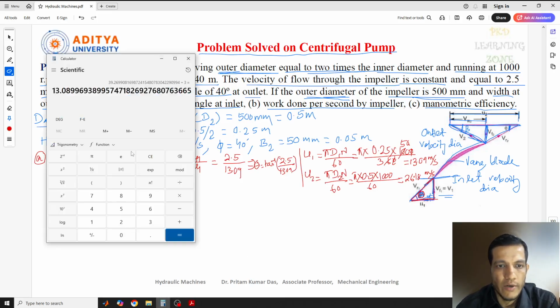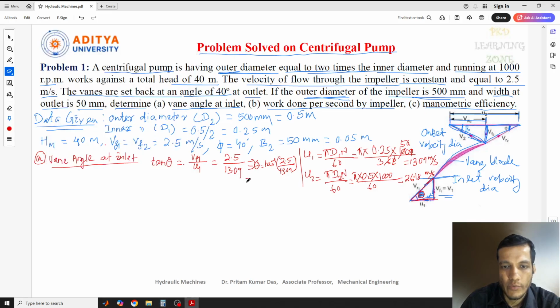Again we need to find this value: 2.5 divided by 13.09, and tan inverse of this is 10.48 degree.